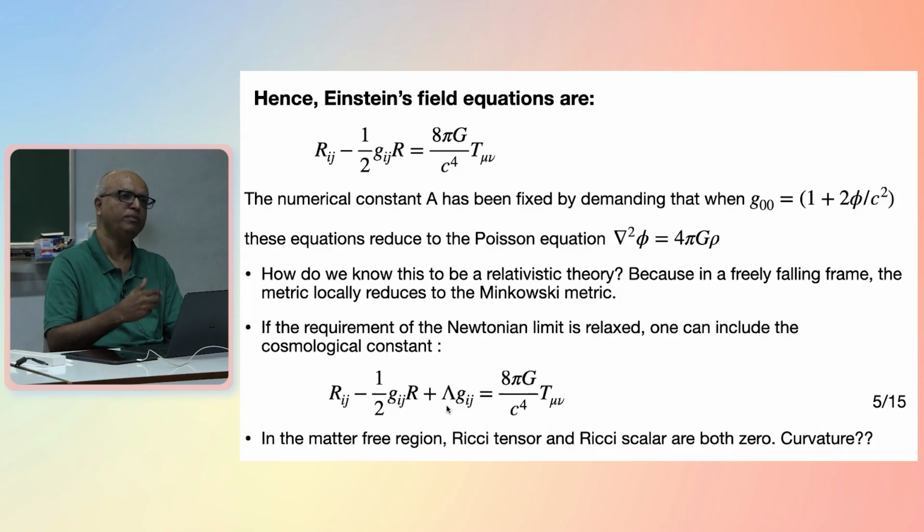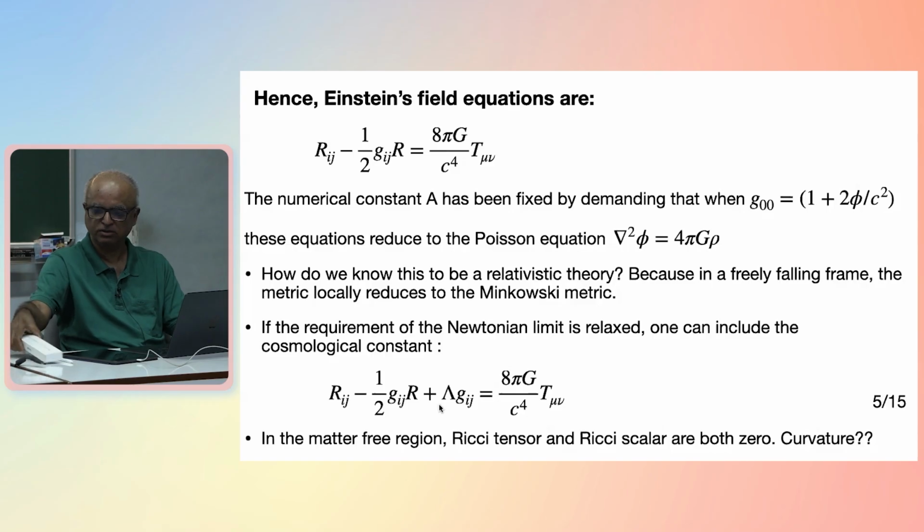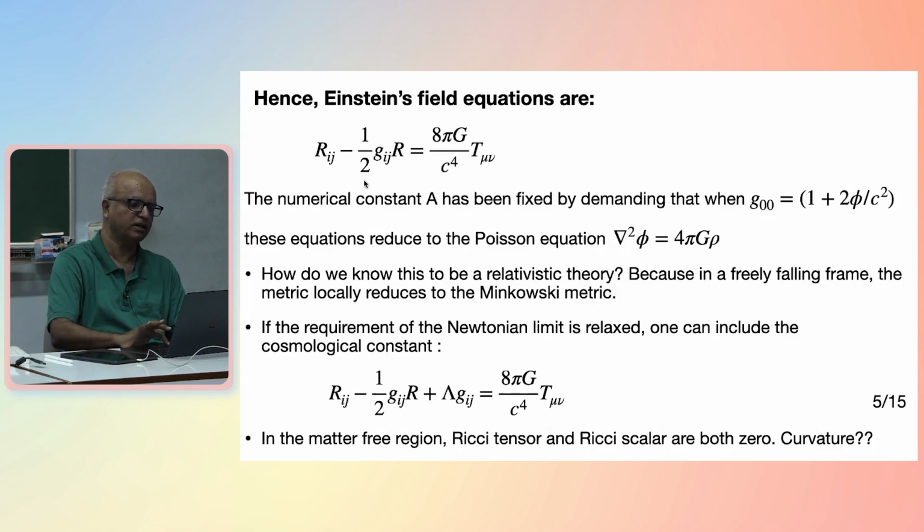But lambda can do other things. Lambda can make an expanding universe accelerate. A normal expanding universe without lambda will slow down, the same as when you throw a stone up, it slows down and falls back to earth. So an expanding universe obeying these Einstein equations will slow down. It will recollapse or keep on expanding, but it will be slowing down. But in 1999 astronomers claimed to have discovered that the expansion was not slowing down but speeding up, accelerating, and lambda was brought in as one possible explanation.